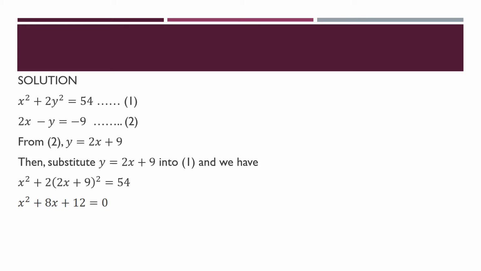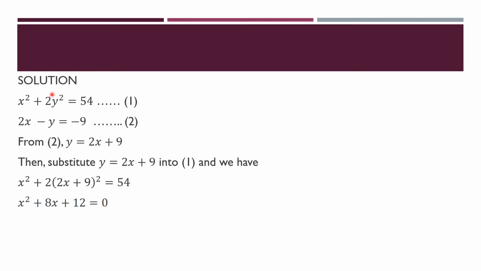Sorry, I was a bit fast, but I will explain. I have x squared still there, plus 2 times, and in place of y now I'm having 2x plus 9, still squared, equals 59.